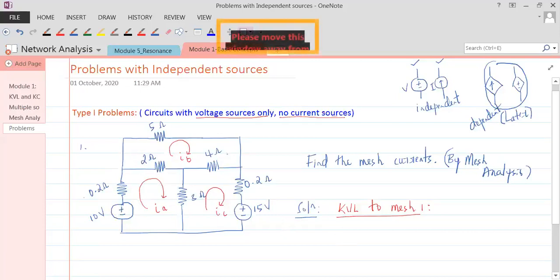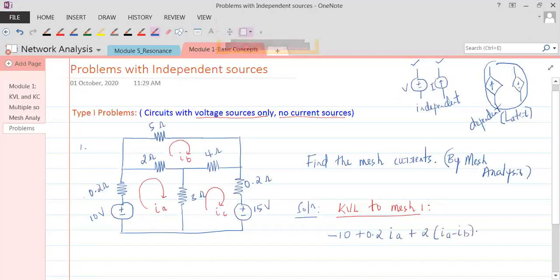So everybody observe here: it is minus 10 plus 0.2 IA plus 2 into IA minus IB, plus 3 into what?